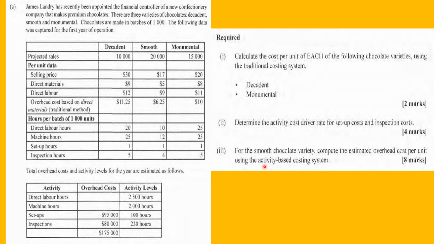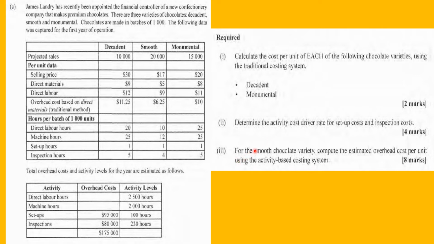Let's take a look at part C. Let's see what is required first. Calculate the cost per unit of each of the following chocolate varieties using the traditional costing system, decadent and monumental. So traditional costing would be either job costing or process costing. It looks as though it's job costing again. Determine the activity cost driver rate for setup costs and inspection costs.